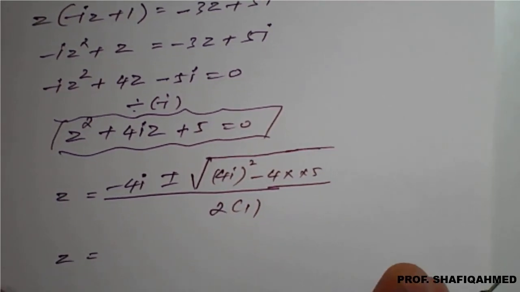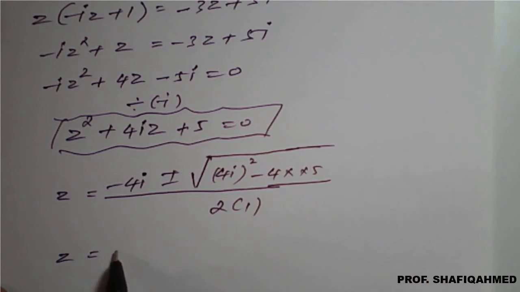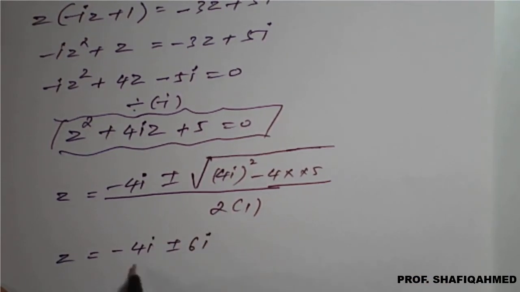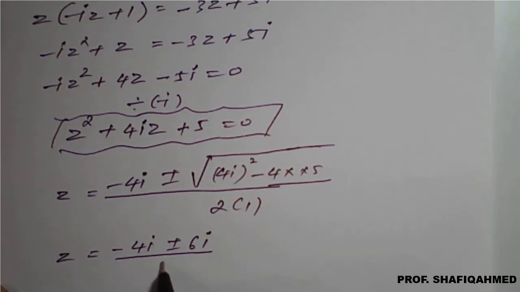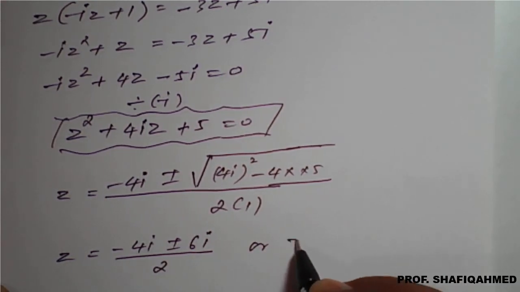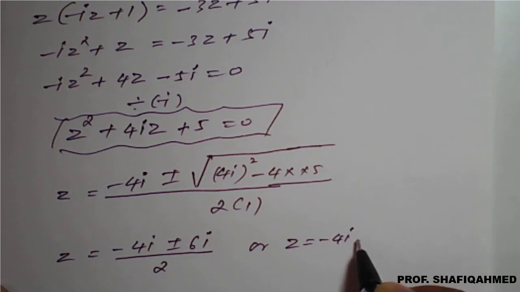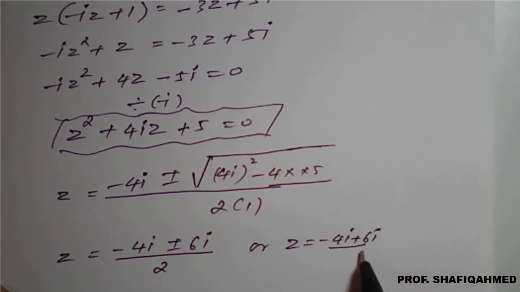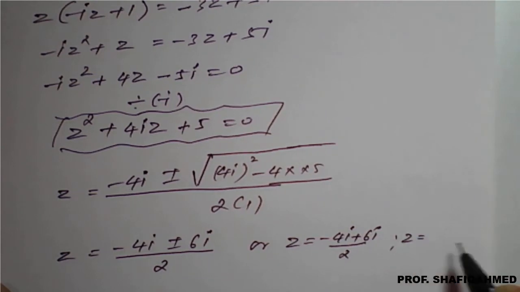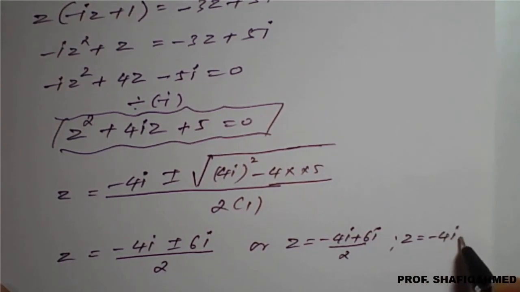z is equal to minus 4i plus or minus 6i divided by 2. If we separate the plus and minus, we get z is equal to (minus 4i plus 6i) divided by 2, and z is equal to (minus 4i minus 6i) divided by 2.